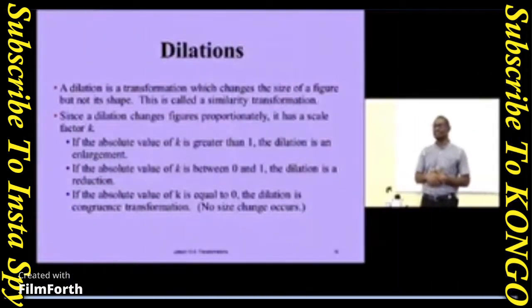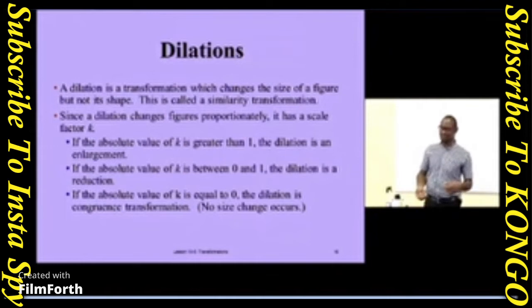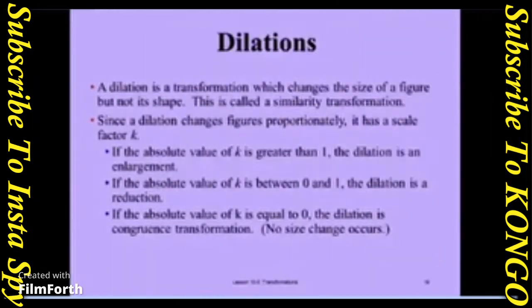It has a scale factor. When the scale factor is greater than 1, we say it's an enlargement. If the scale factor is less than 1, what do we say it is? We say it's a reduction, right? Or the image gets smaller. Okay.